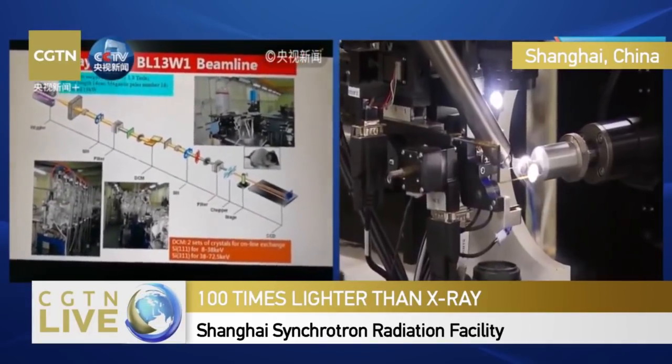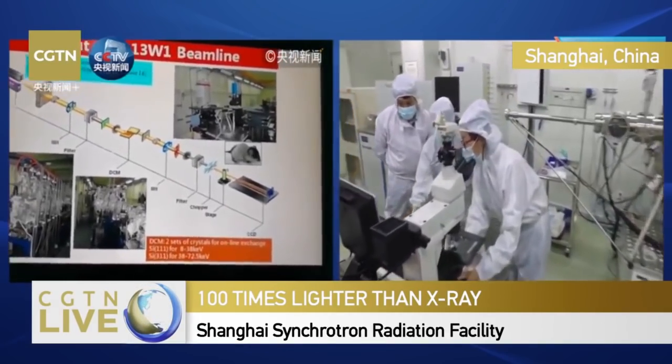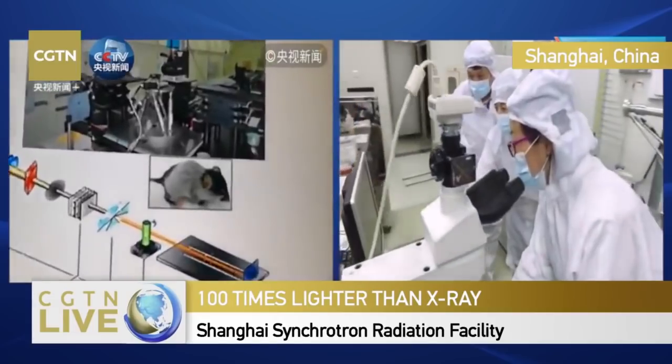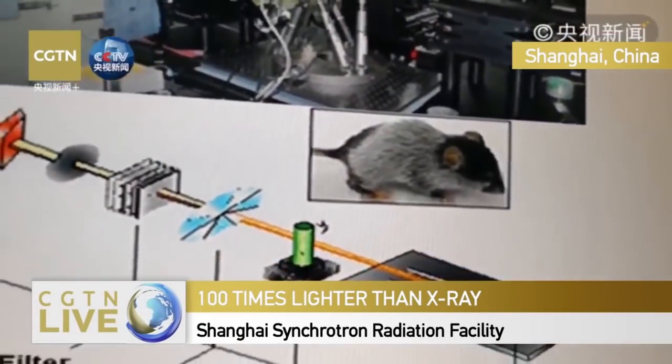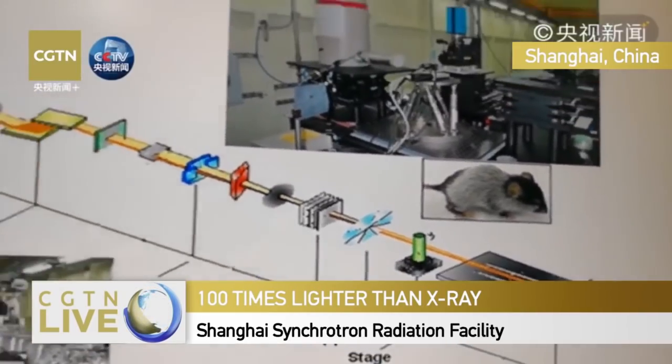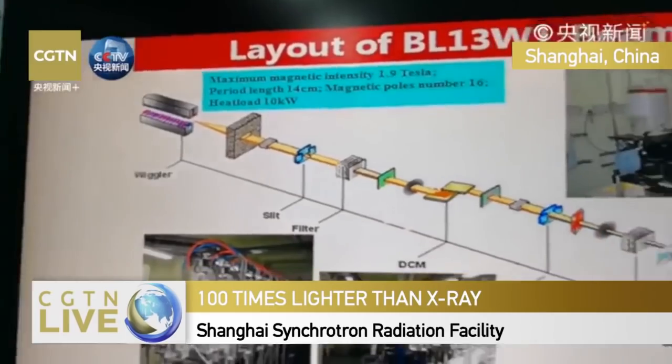So for this experiment station, you can see we have a mouse here. This experiment station focuses on mice, and we use them to replace human organs for certain experiments.